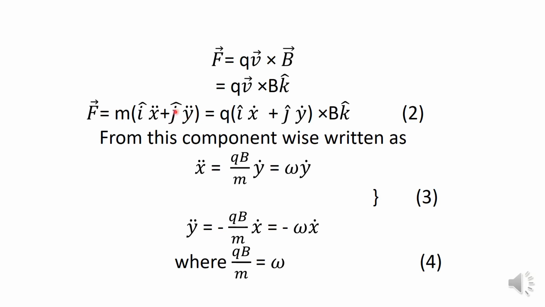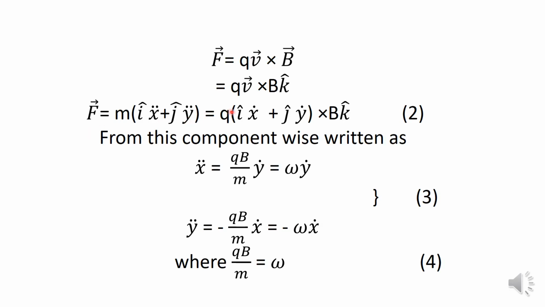As the magnetic field B is perpendicular to the direction of motion of the charged particle, the magnetic force always lies in a plane, and therefore the force has only x and y components. Here the z component is 0.